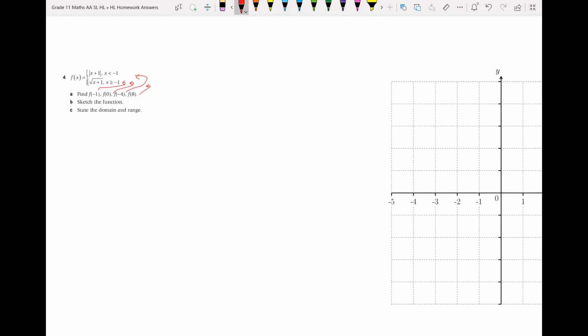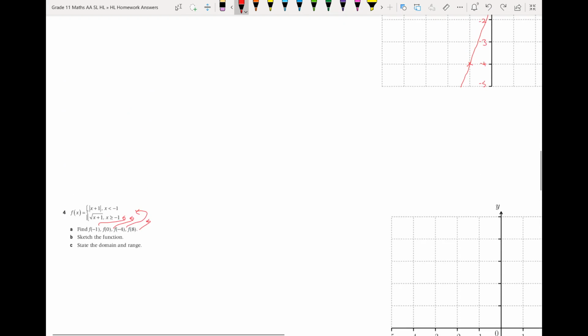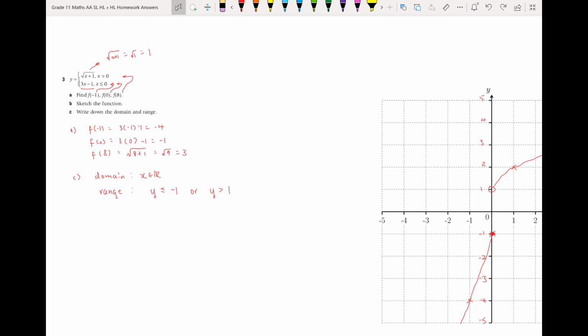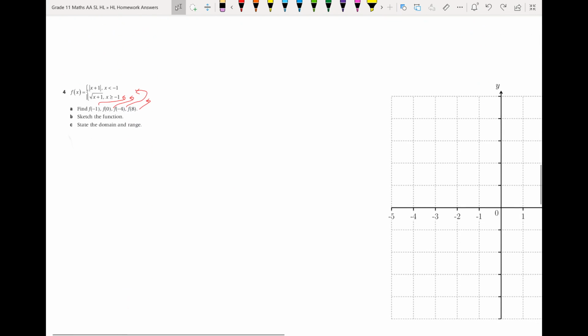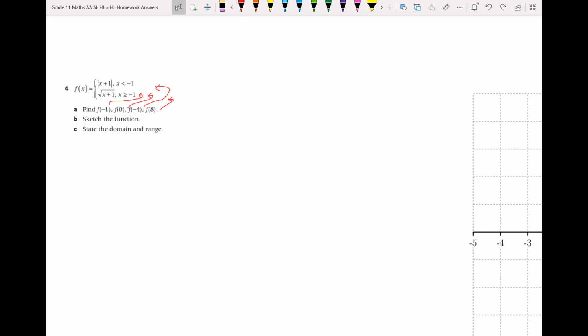Be careful, if you look at the pieces here, the top one is actually the one to the left. So you have the minus, and then you have the greater than or equal to on the second piece. Whereas in the questions we've seen before, it's the greater than piece that comes on the top, and then the less than or equal to piece on the bottom. So just be a bit watchful on that.